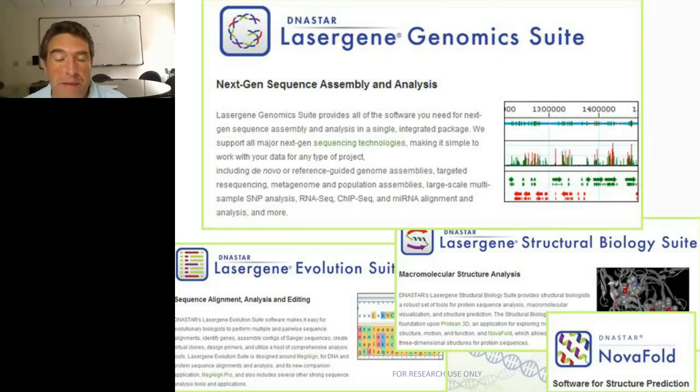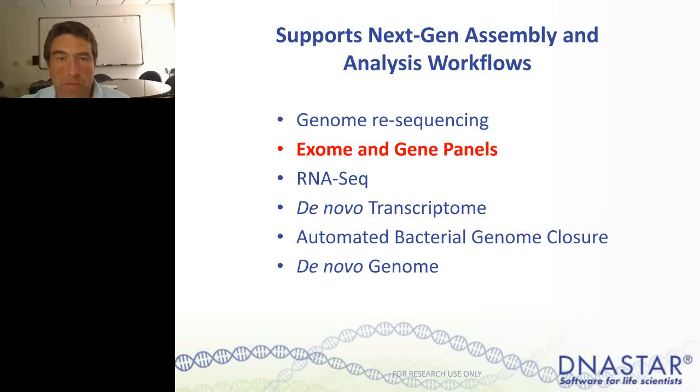There are other packages that DNASTAR offers that focus on structural biology and protein folding, phylogenetic type alignments, and then the basics, cloning and primer design. So we really strive to cover both next-gen sequencing workflows as well as the basic molecular biology workflows.